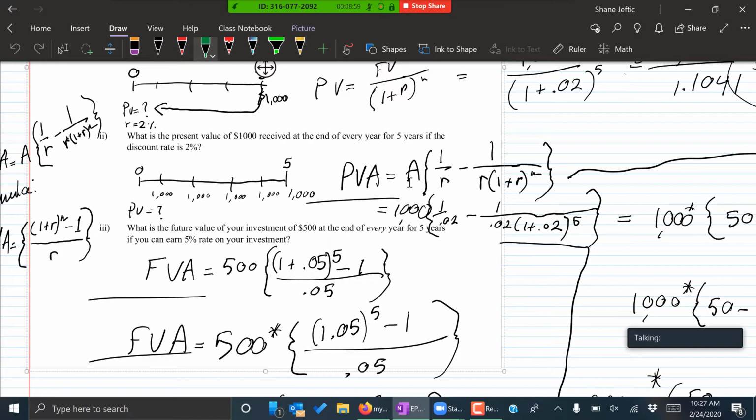And if you're getting 2% on that first $1,000 in year 1, it's going to grow by 2%, and then the interest and the principal of $2,000 now is going to grow by another 2%.